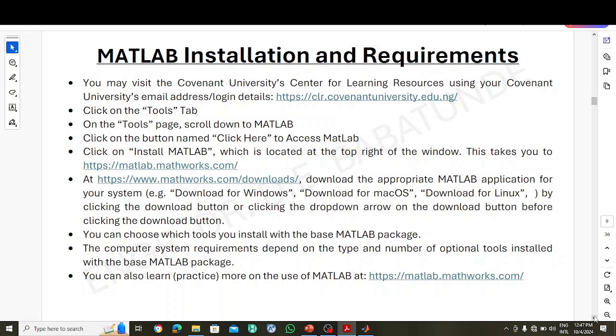So if you want to get access, to the best of my knowledge, to MATLAB, you can log into the CLR using the address on my screen. Can you see it? Just type clr.convenantuniversity.edu.ng. Okay, so this will just walk you through.